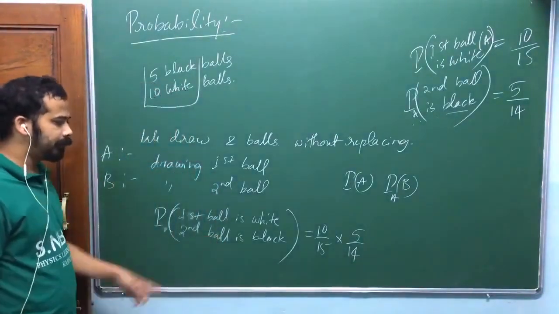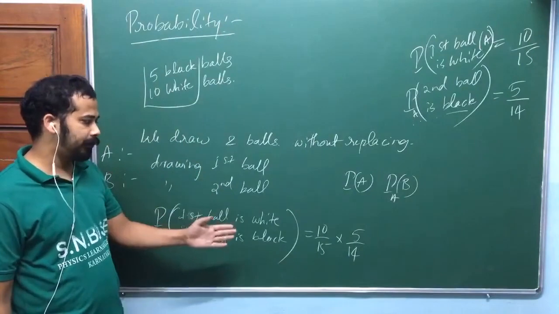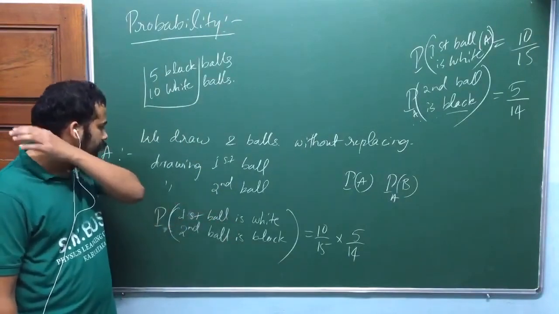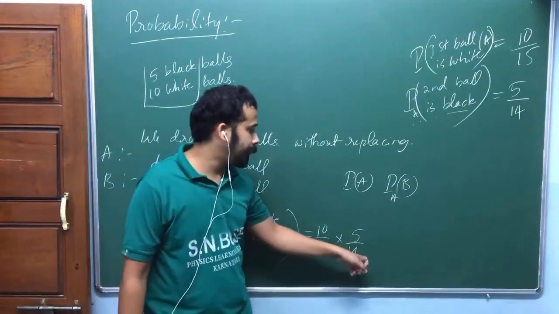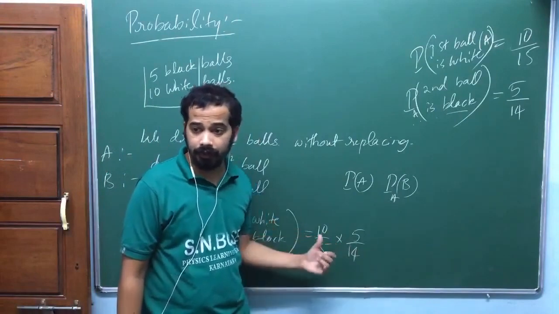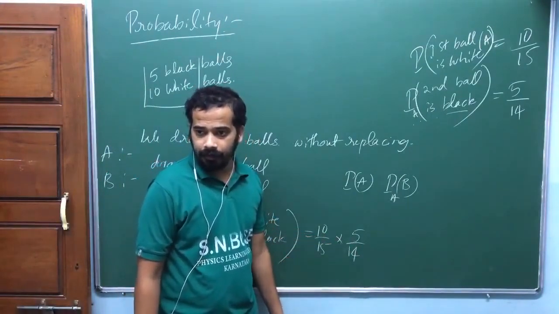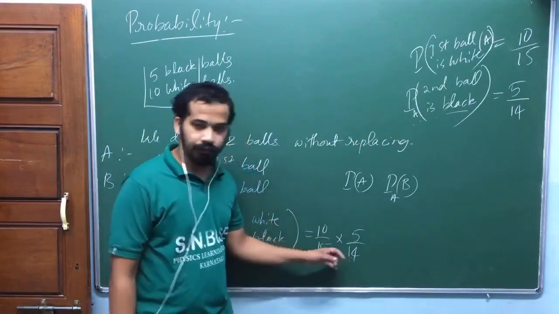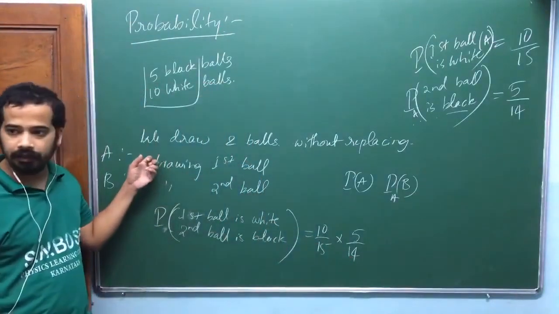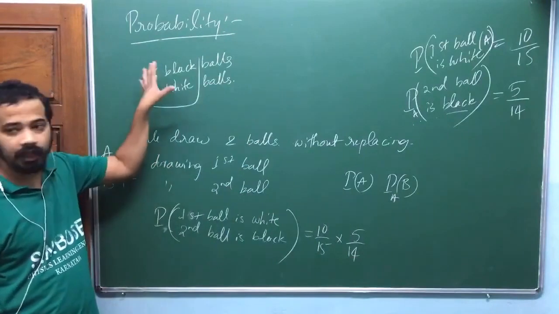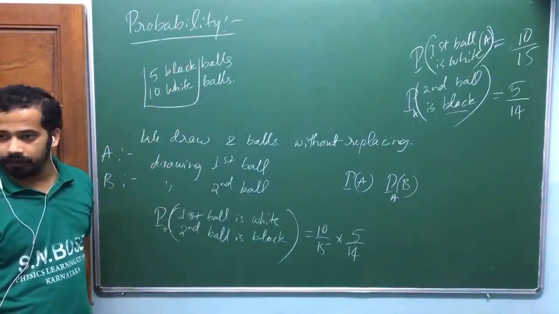The total probability we need to write like this: probability of event A into probability of event B, but event B depends on event A. Don't write this as 5 by 15. Event B is happening after event A. After event A, something else is happening in the whole system, am I right?